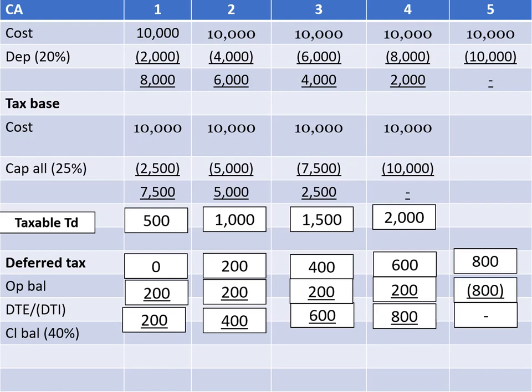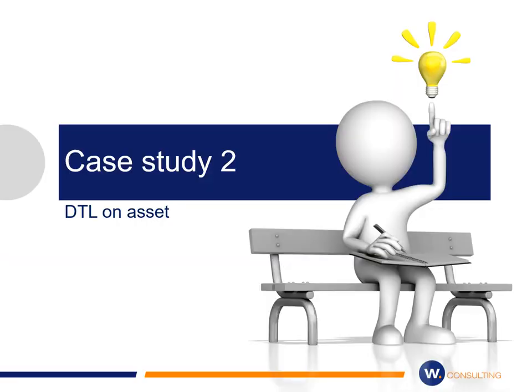Instead of us passing an expense journal, in other words, a debit to the income statement, we end up with a credit. So our journal entry will be to credit the income statement expense item for deferred tax, and to debit our liability because our liability has grown to 800 and it needs to be 0.